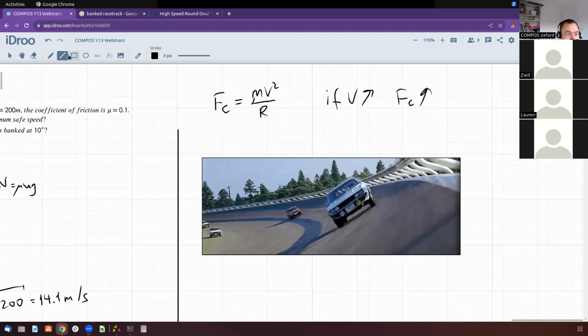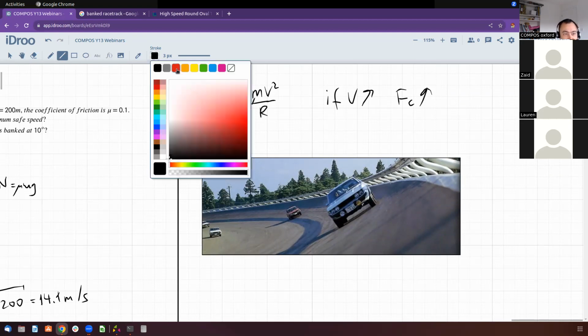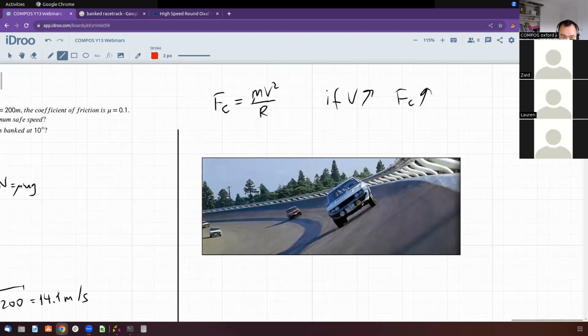So previously, what forces are acting on the car? Well, we have the friction force, like this. This is the force of friction. And then there's the normal reaction force on the car. And then there's the mg, of course.